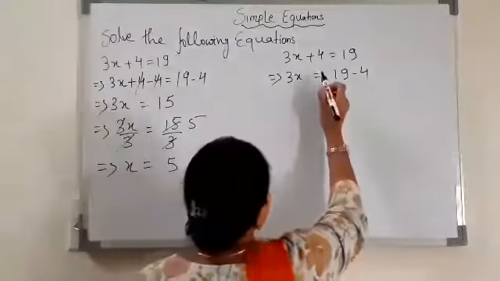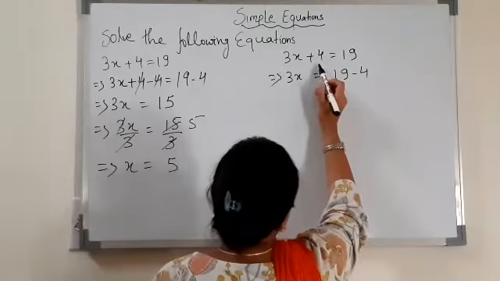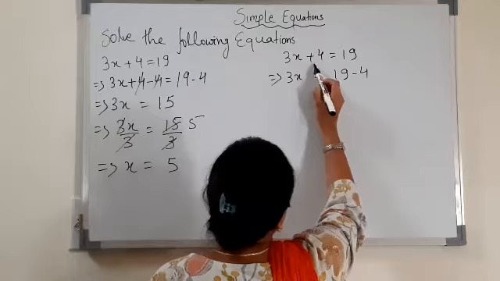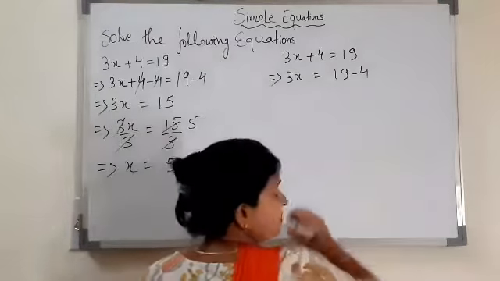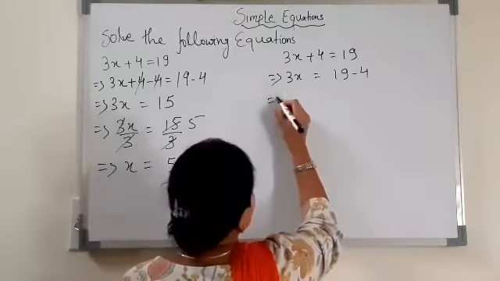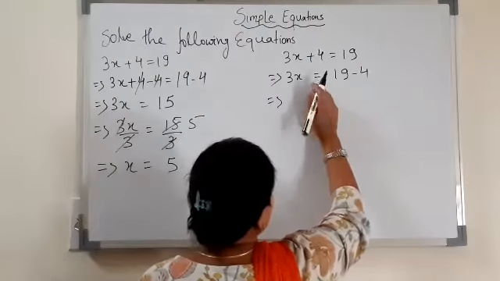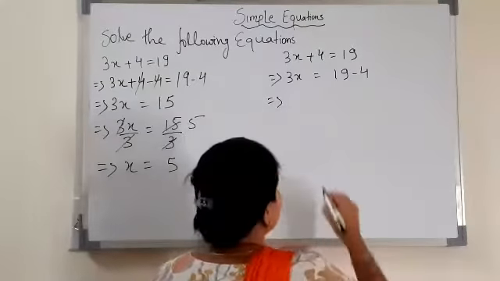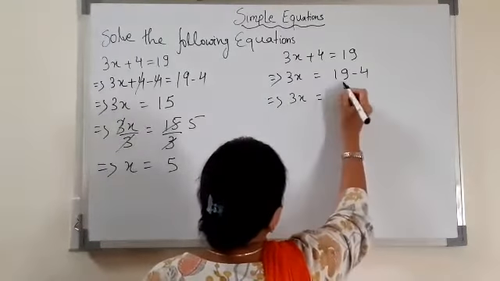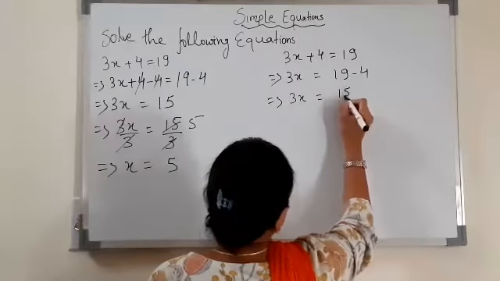I have changed the side of this 4 from left hand side to right hand side by changing its sign. So it goes to the right hand side with a negative sign. So 3x is equal to 90 minus 4, that is 86.